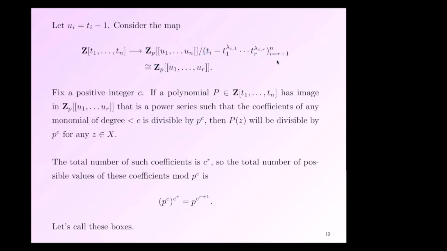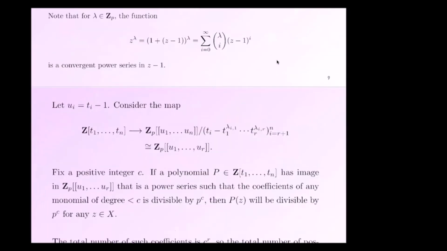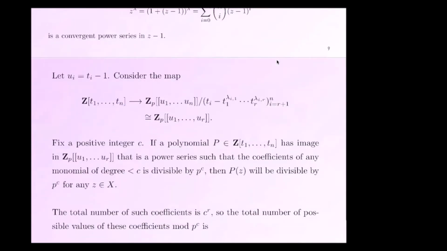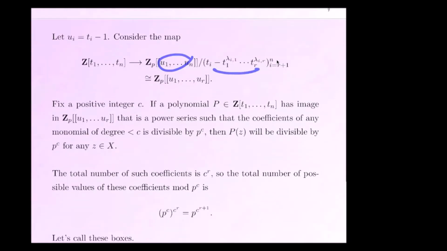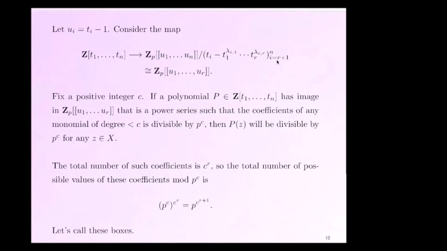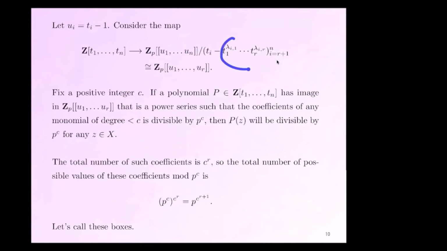But then we mod out by the fact that ti is a product of the previous ti's to the lambda i power. And this really is t. So the point is that for this t minus 1 here, you plug in the u and expand this, and you get a power series in u. This maybe looks funny the way I wrote it with u's here and t's here, but this is correct. This is just using the fact that this can be expressed as a power series in the u's. Okay.